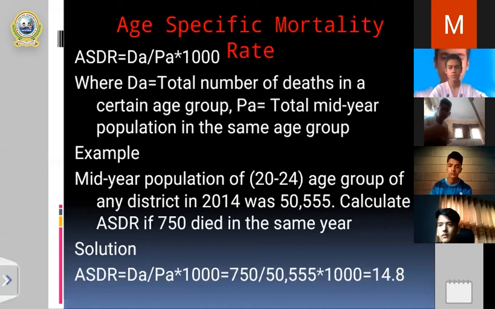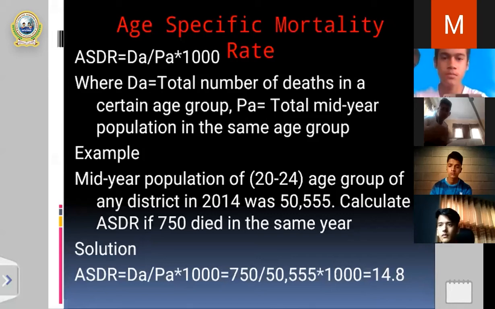Now, after the meaning of D small a divided by P small a, there is an example, and it helps to clarify and also helps to calculate the ASDR.